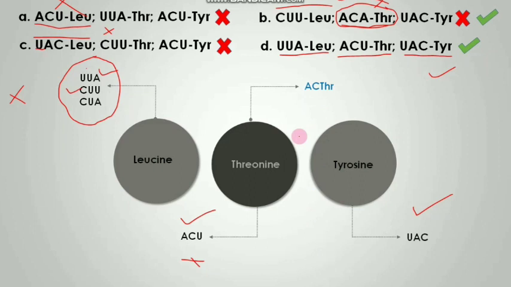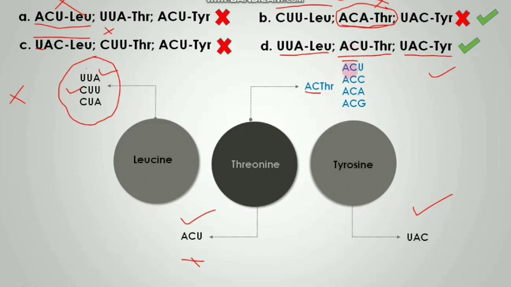So from that Akhtar you can remember that all AC-containing triplet codons code for threonine. What are the four possible AC-containing triplet codons? They are ACU, ACC, ACA and ACG. All these four triplet codons code for threonine.